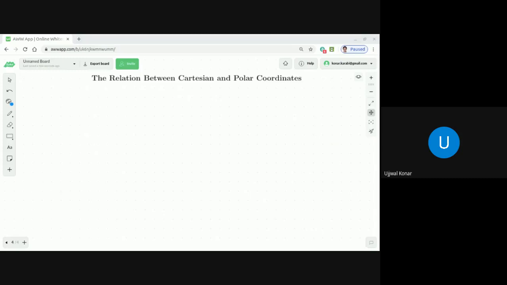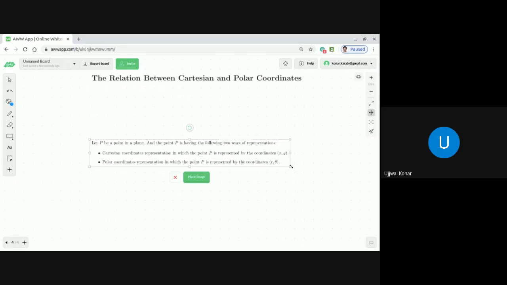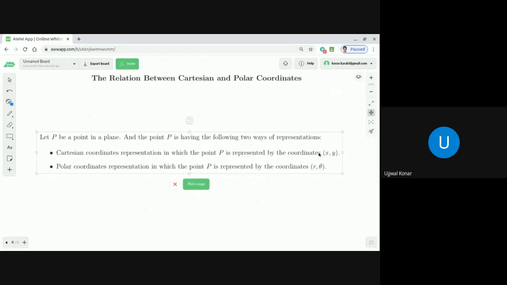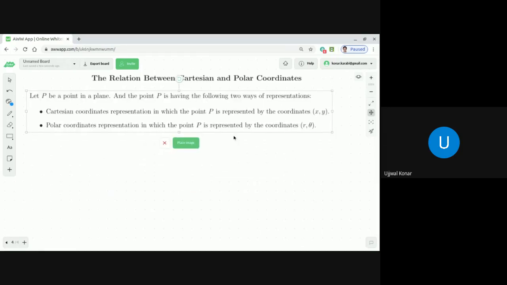So let us consider a point P in a plane. Let P be a point in a plane, and the point P has the following two ways of representation. The first one is the Cartesian coordinate representation, in which the point P is represented by the coordinates x, y.